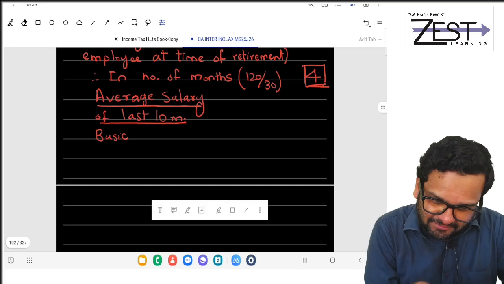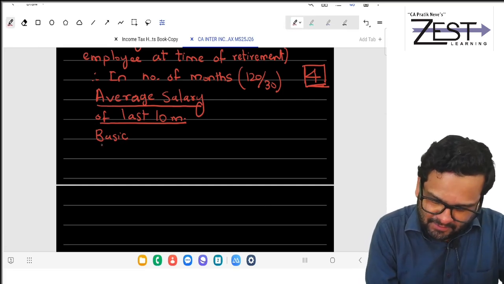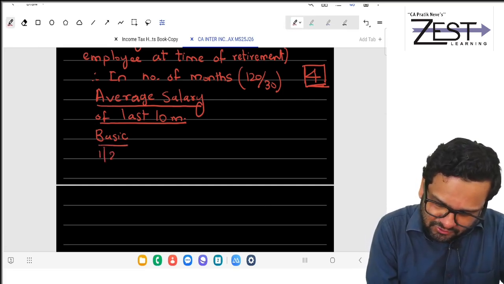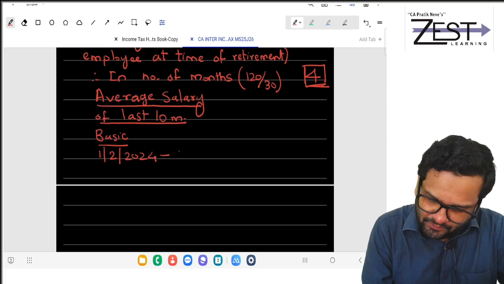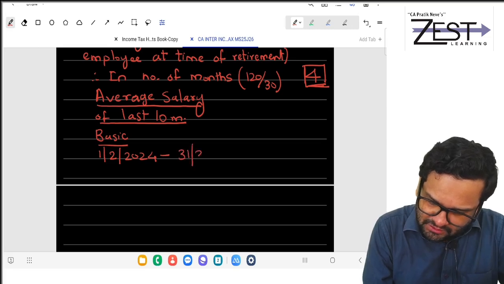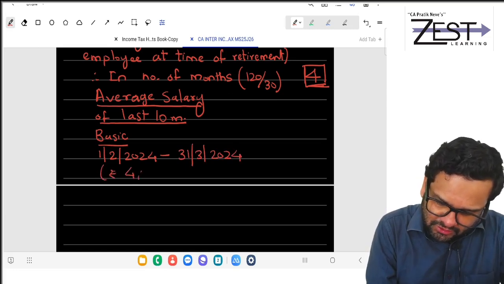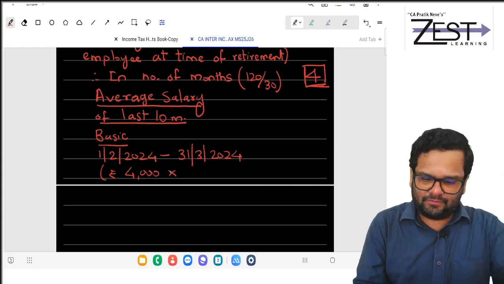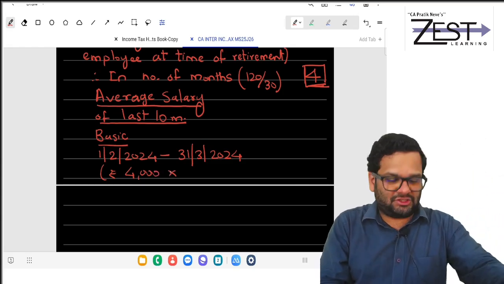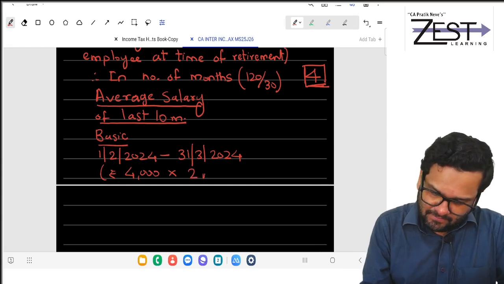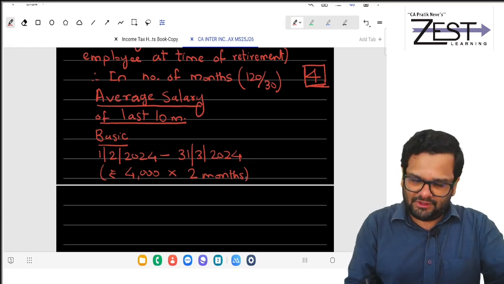So basic from 1st Feb 2024 to 31st March 2024. This must have been 4,000 into 2 months, which is 8,000.